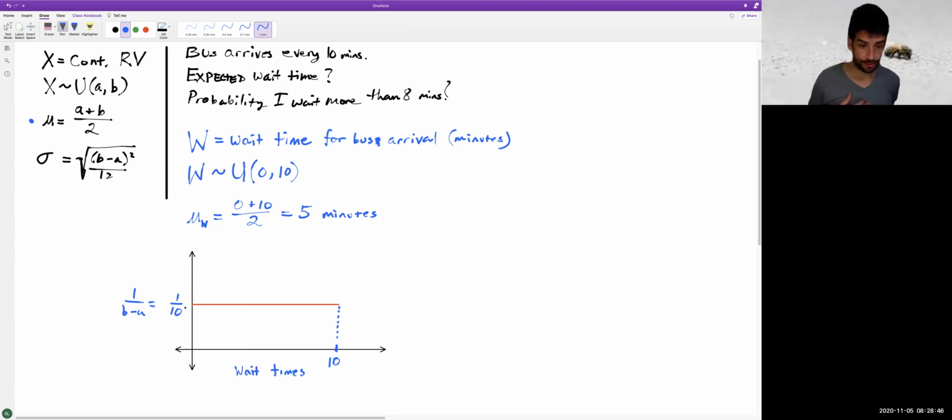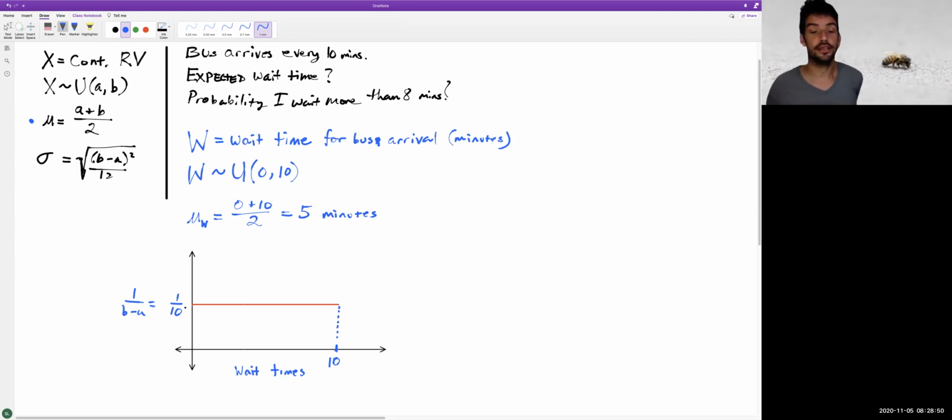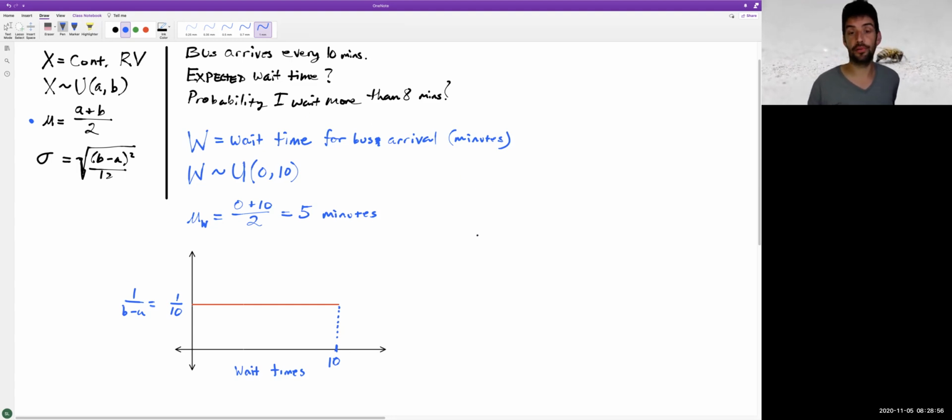So that's our graph, okay? And we're going to use that graph to compute the probability we want to do next. So let's move to that now. What is the probability I wait more than 8 minutes? I'm going to write this question here with probability notation. This is the probability that our random variable W is greater than 8.